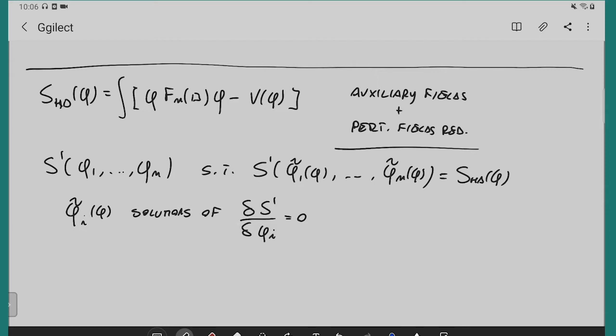So if you plug them back, you get the original action. So this is an auxiliary field. This is the first step. You just rewrite everything using auxiliary fields in a way that when you apply the equation of motion of the auxiliary field, you will get the previous action.